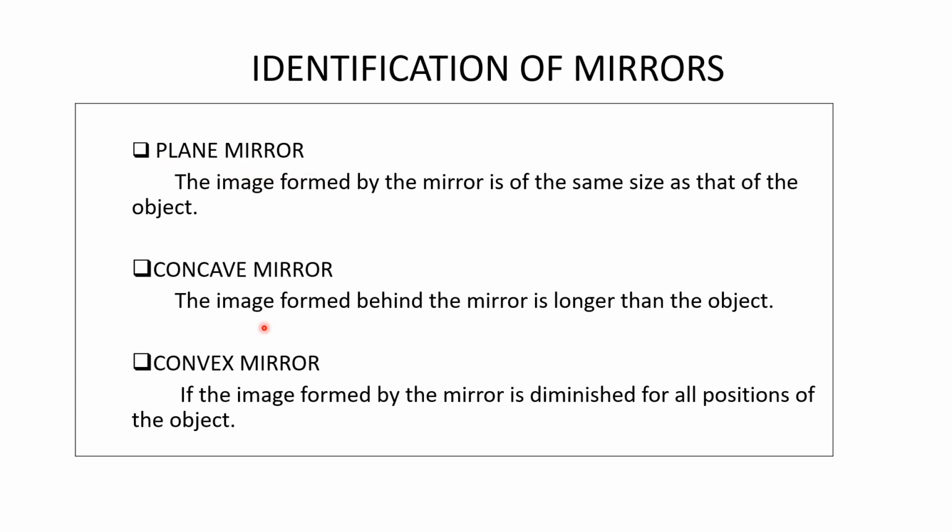If the image formed behind the mirror is larger than the object, then the mirror is a concave mirror. Third, if the image formed by the mirror is always diminished wherever the object is positioned, then the mirror is said to be a convex mirror.